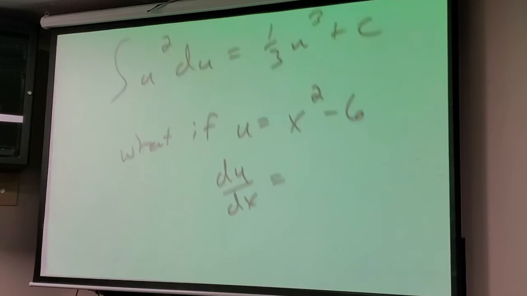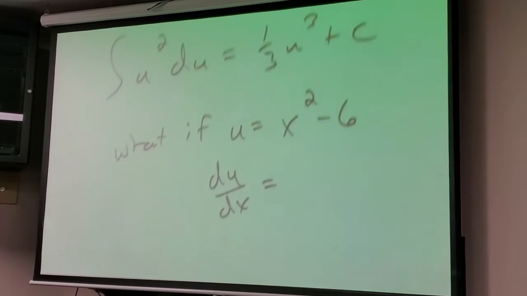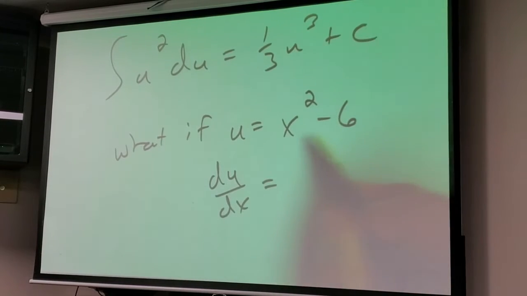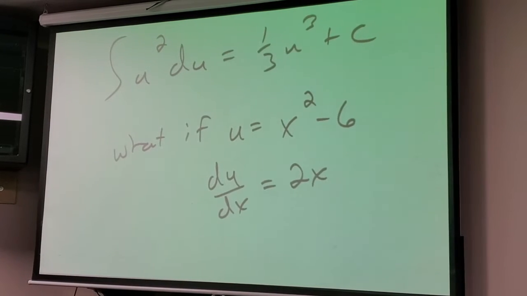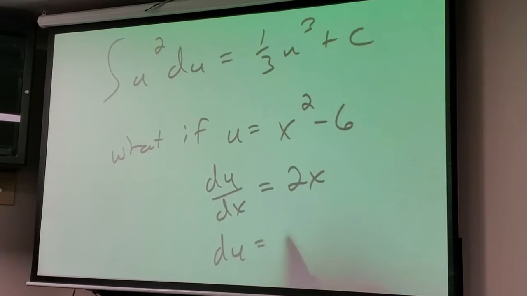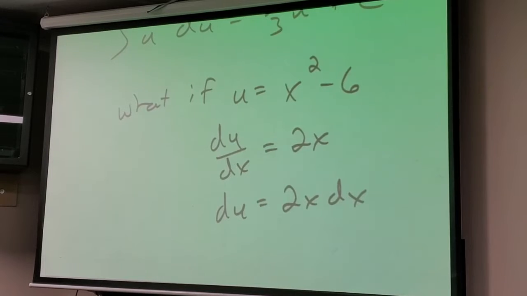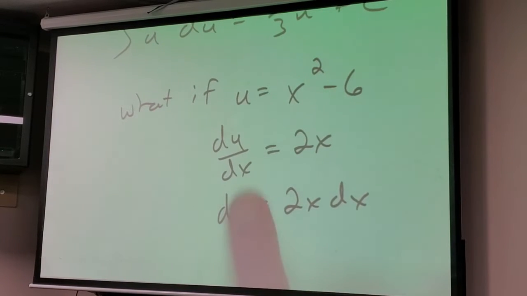If u is x squared minus 6, what's the derivative of this? 2x. Is that cool? Did anyone want to put a plus c there? All right, good. Do you guys remember differentials? Can't I write it like that? Just kind of multiply the dx up.